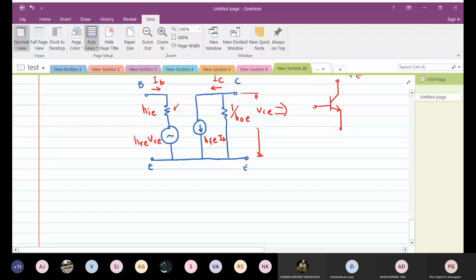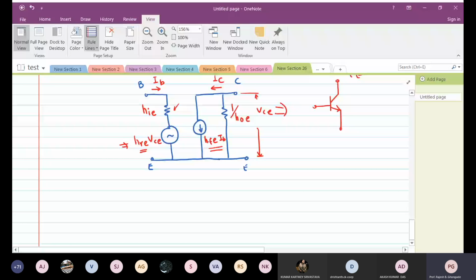HRE is a factor, represented as a voltage source at the input. Similarly, at the output, we have a current source, where we see the current amplification, the basic transistor phenomenon. So it is HFE times IB.